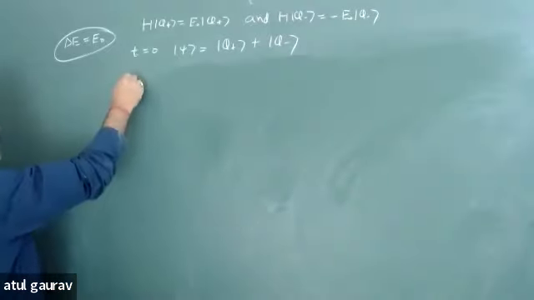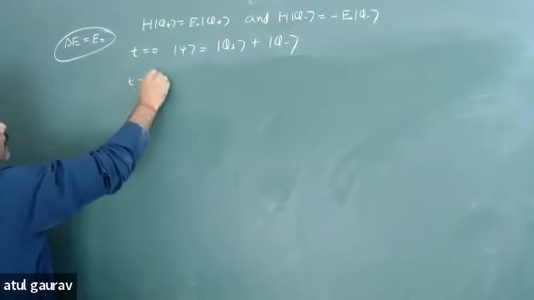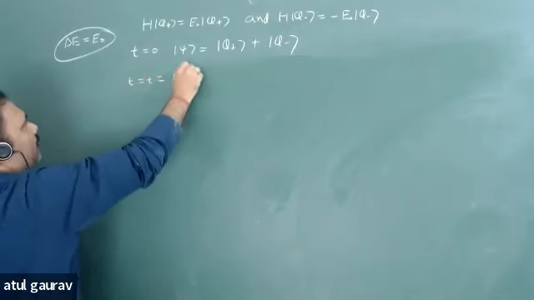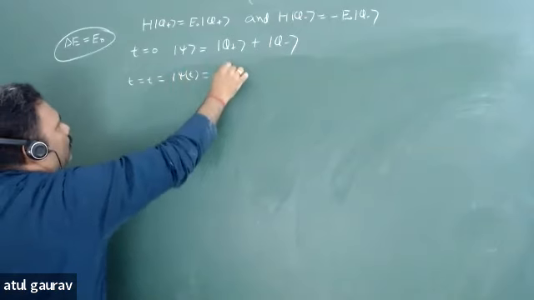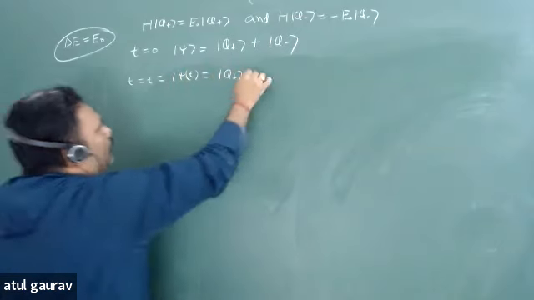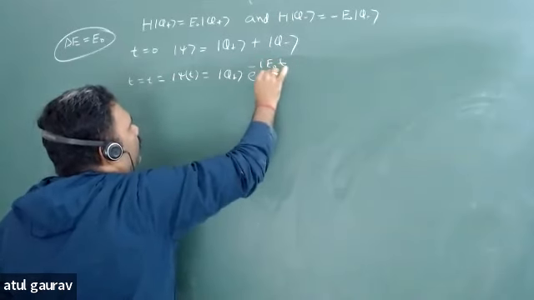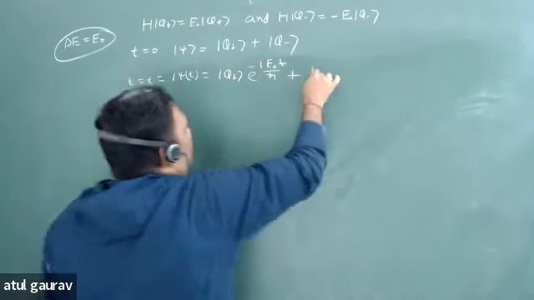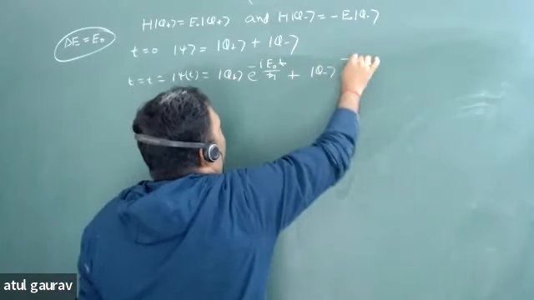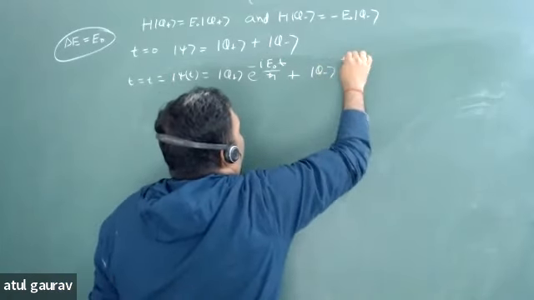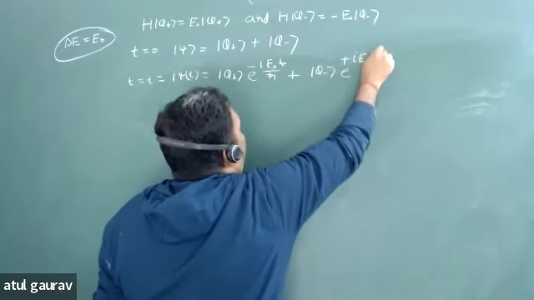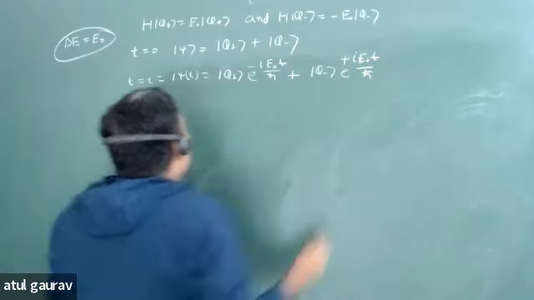Now, at time t, I can write my psi t is equal to psi plus times e to the power minus i E naught t upon h cut, plus psi minus times e to the power plus i E naught t upon h cut.